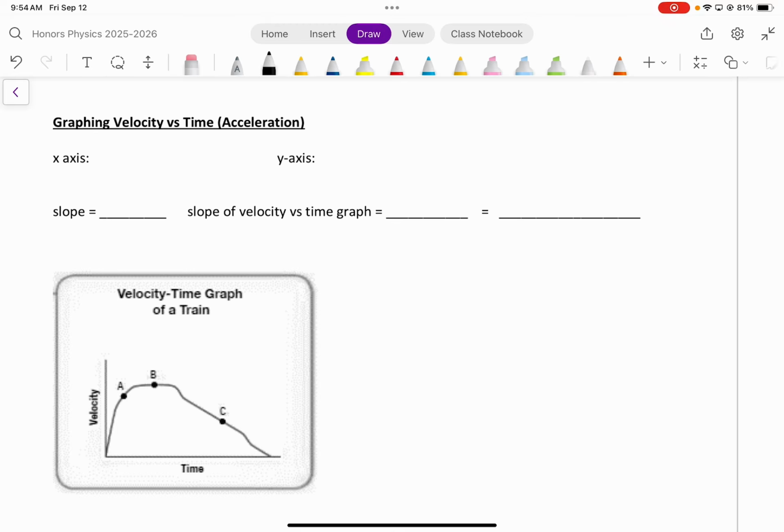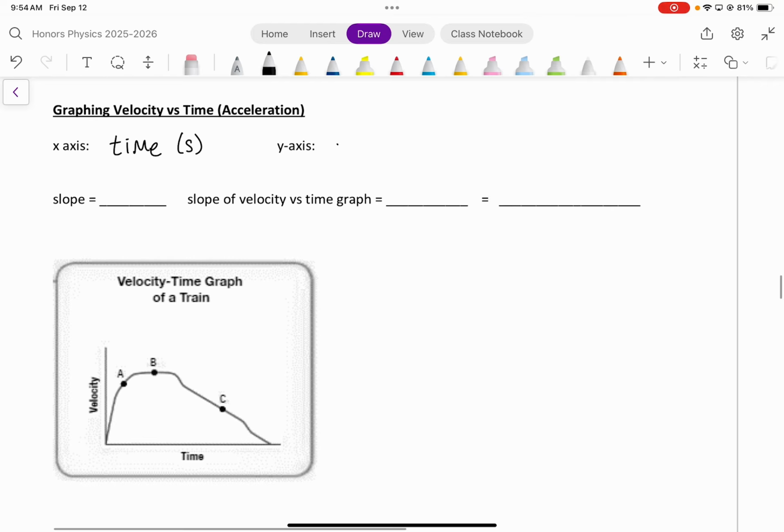And when we graph velocity versus time, we're going to graph time on the x-axis, and time will usually be in seconds. And then on the y-axis, we're going to graph velocity. And velocity will be in meters per second.